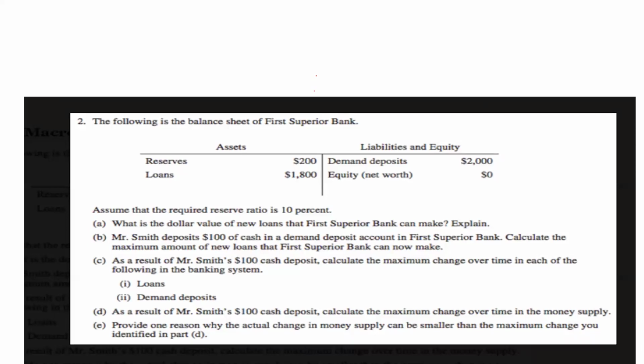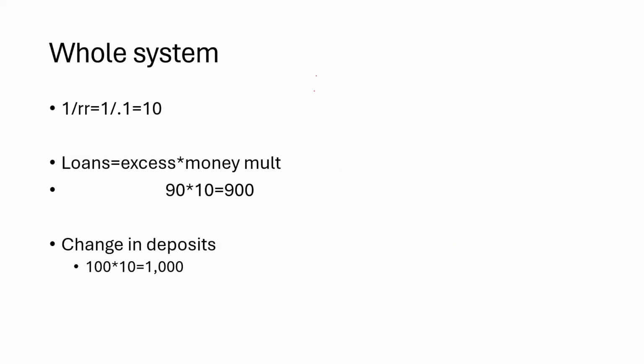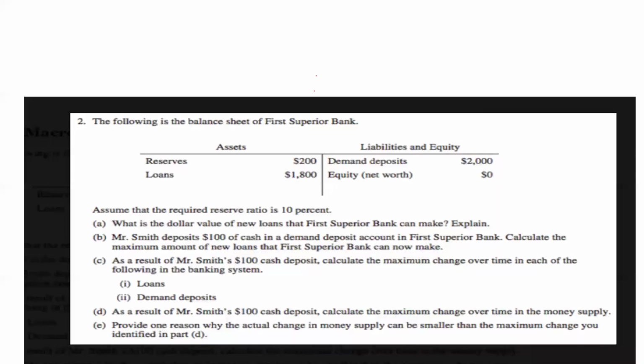You're going to do that as you calculate the change in loans. I have 90 in excess times the money multiplier is 900. It feels uncomfortable. The loans and the money supply are the same answer, but it's right. It's 900 for each of them and 1,000 for demand deposits.